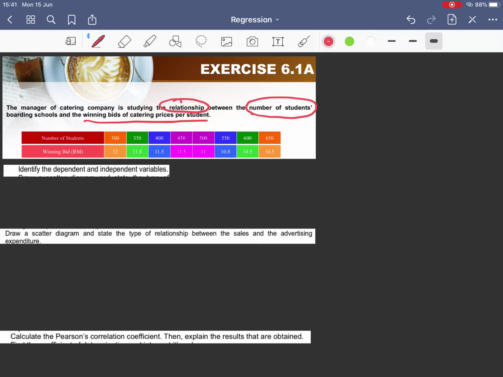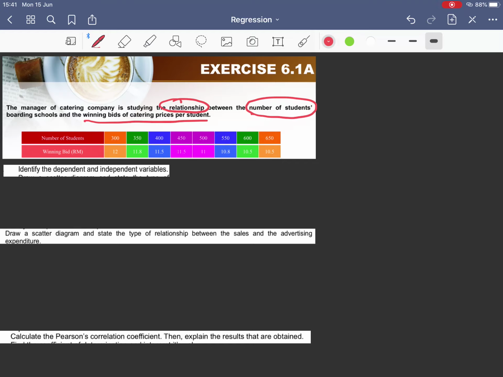When the number of students is 300, the winning bid price is 12 ringgit. When the number of students is 350, the winning bid price per student is RM11 ringgit 80 cents. And when the number of students is 650, the winning bid price per student is RM10 ringgit and 50 cents.